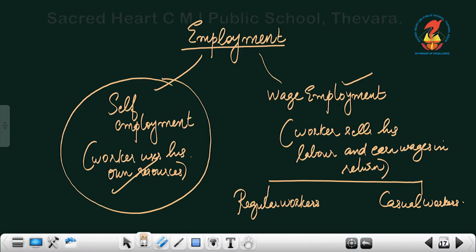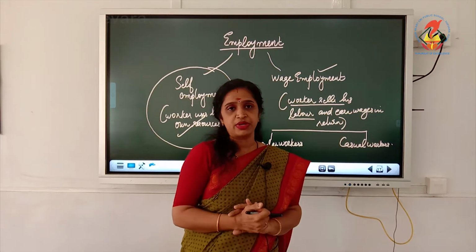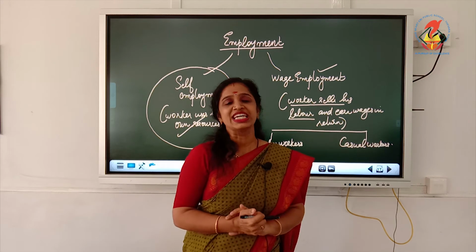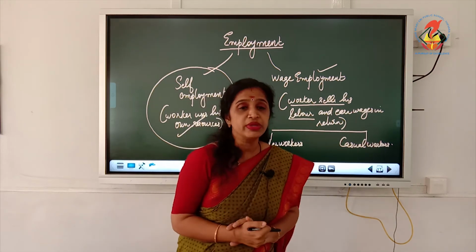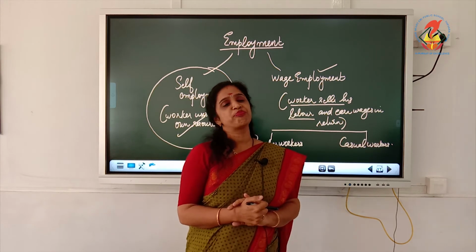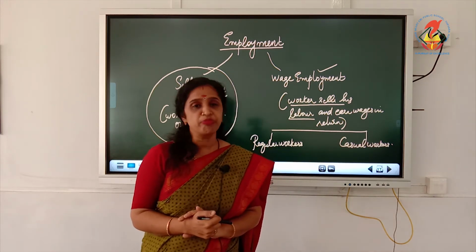Now wage employment. In wage employment, a worker will sell his labor and earn wages in return. Professionals like doctors, teachers, lawyers, they will sell their labor and take the wages in return. That kind of employment is known as wage employment. So there are two types of employment.